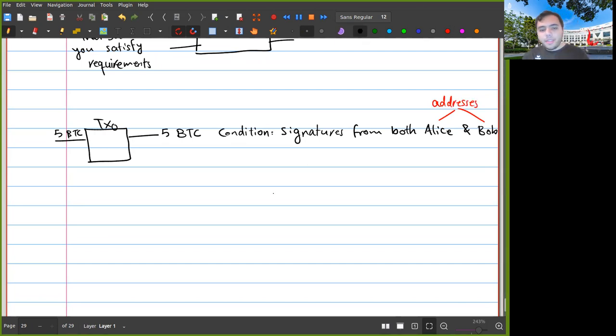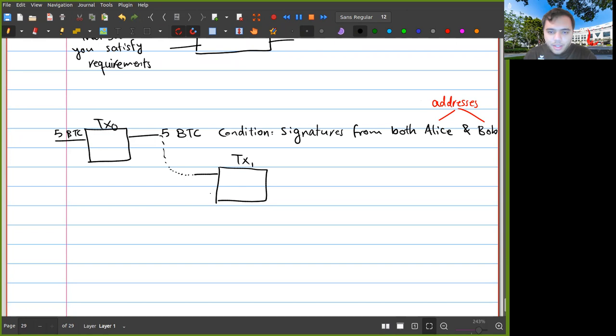So if I say the condition for spending these 5 Bitcoins is to have signatures from both Alice and Bob, then later on when I create another transaction, let's say transaction 1, and this transaction wants to use those 5 Bitcoins of transaction 0 as one of its inputs, then it will need to satisfy this condition. And satisfying this condition means giving signatures from both Alice and Bob.